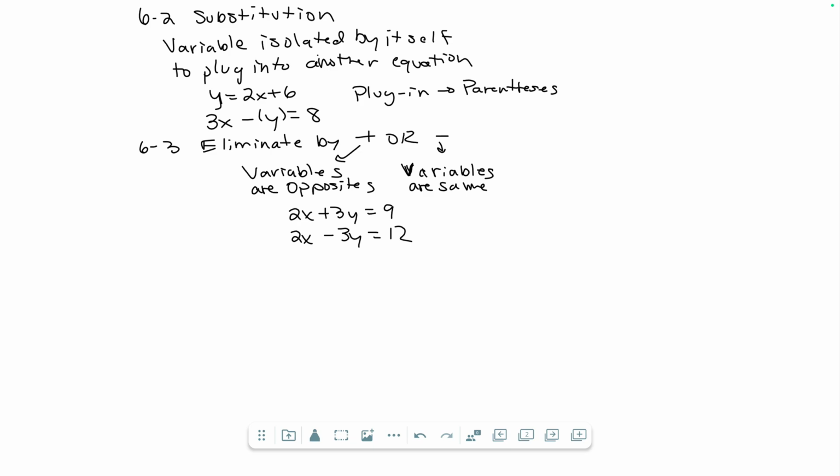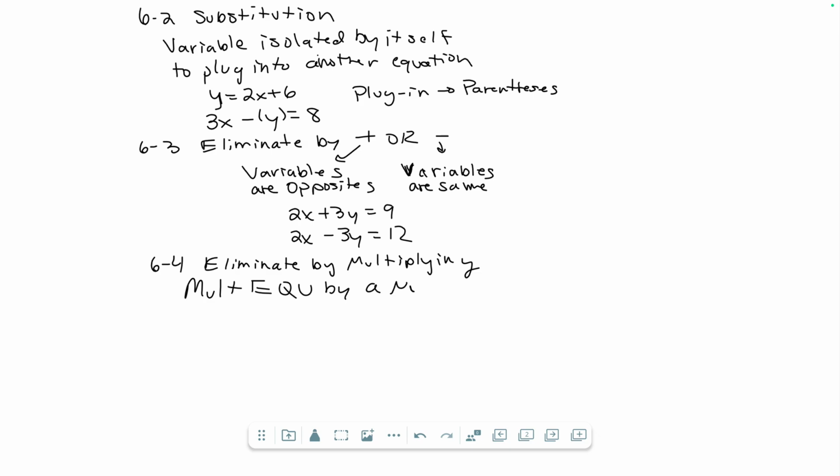Okay. In 6.4, we eliminate by multiplying or by multiplication. This is where we multiply one equation or both equations by a number so that you get back to 6.3.